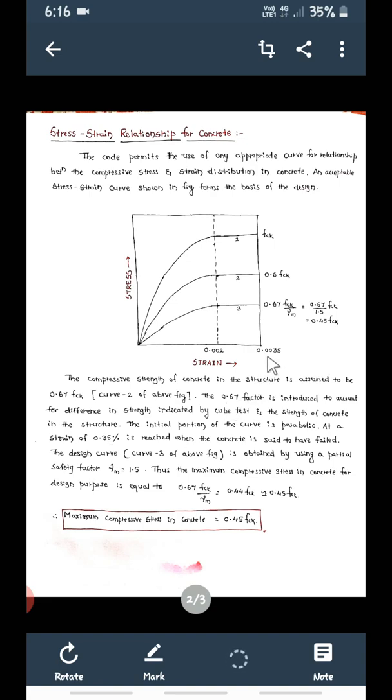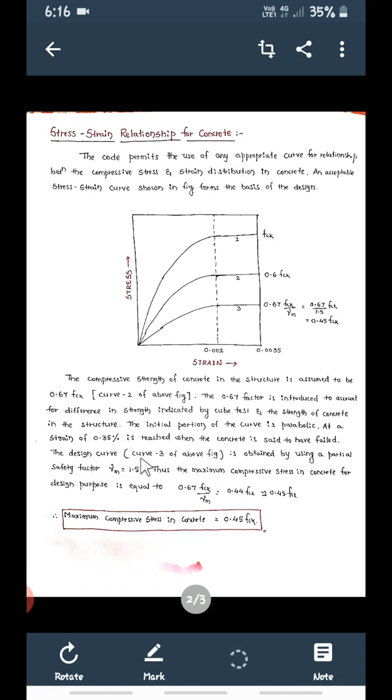At the time of failure, the strain in concrete is 0.0035. Okay, this strain is reached when the concrete is said to have failed.